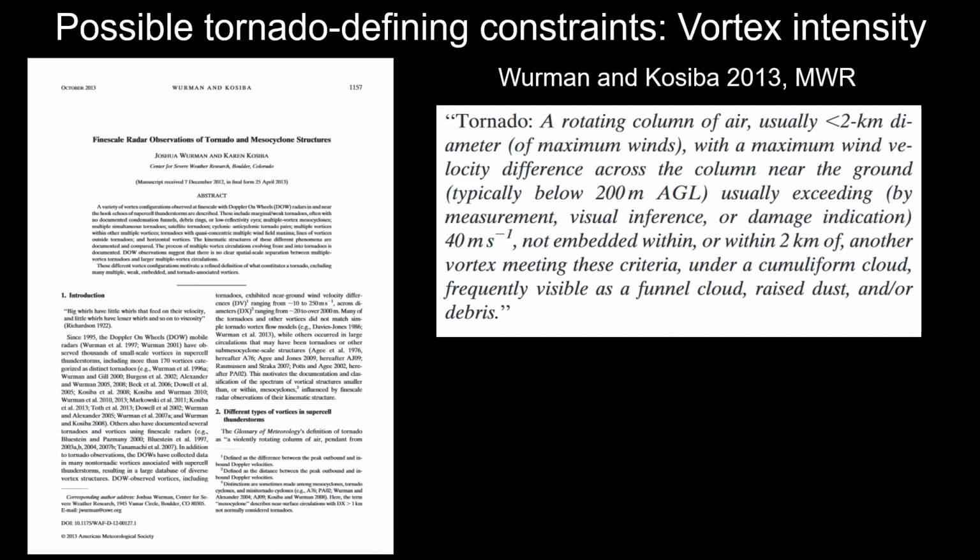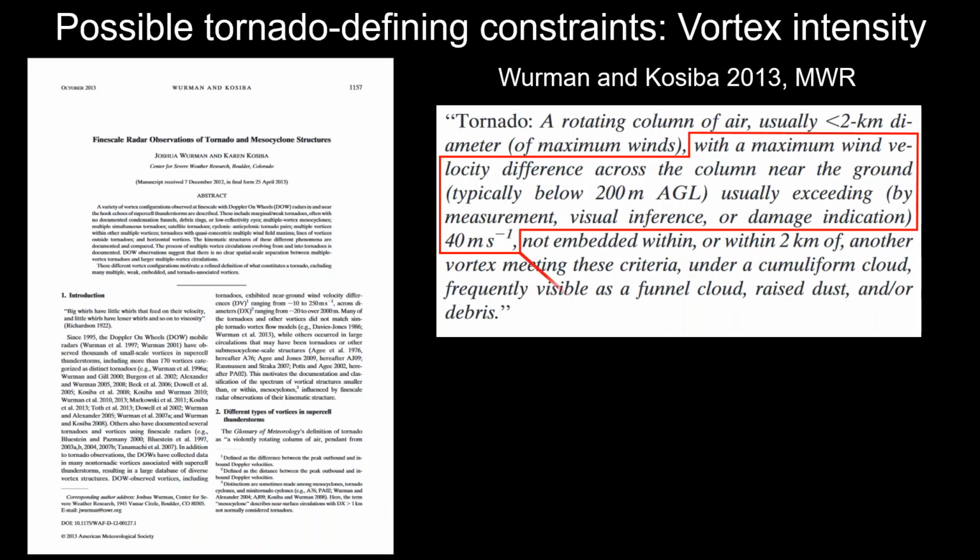So the part I want to focus on here in the definition on the right is this idea of vortex intensity. The other constraints in their definition are looser, but they really focus in on the rotational velocity of a vortex. So they want a maximum wind velocity difference, a delta V across the column of rotating air, to exceed 40 meters per second.